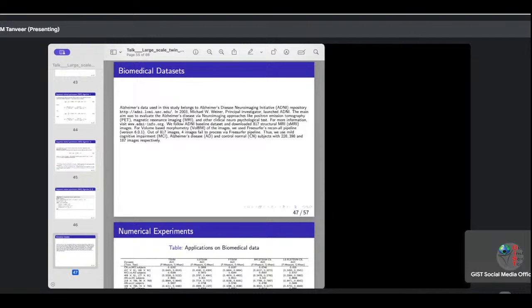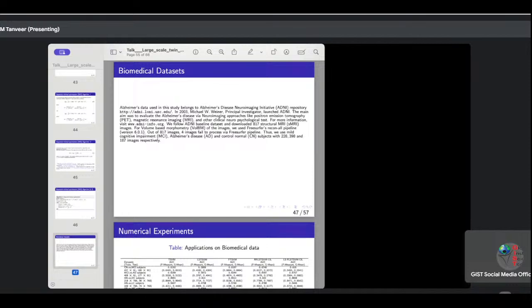According to the World Alzheimer Report, around 50 million people were affected by this disease in 2018, and it may go up 3 times, that is 150 million people, in 2050. So this is really alarming, and we need to work and find a solution.